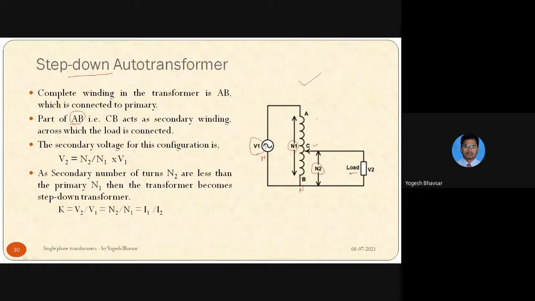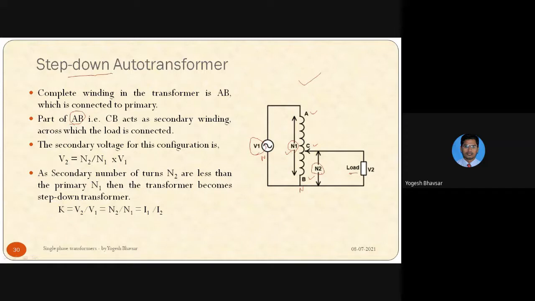Now let us consider the circuit diagram for the auto transformer. For the step down, A and B is the complete winding of the transformer. This complete winding AB is connected to the supply V1, and has N1 number of turns.